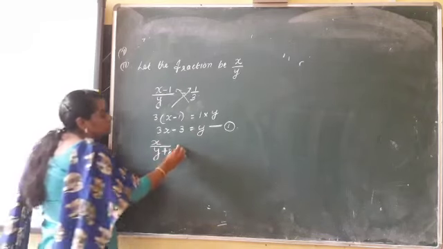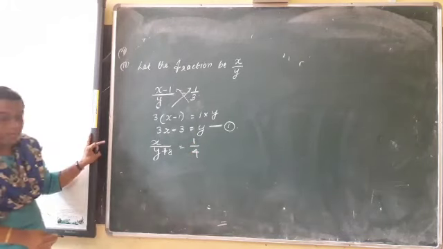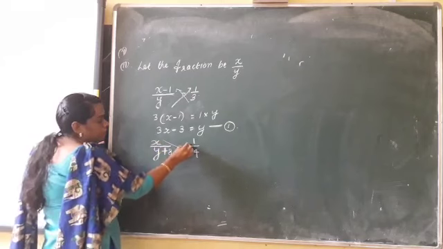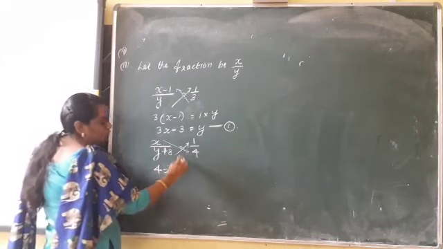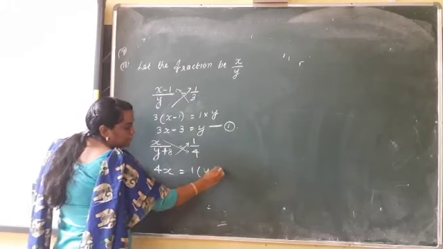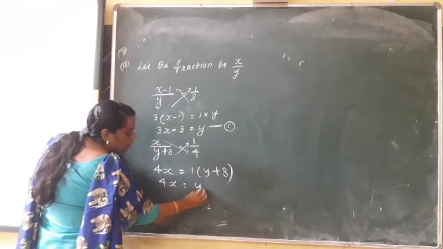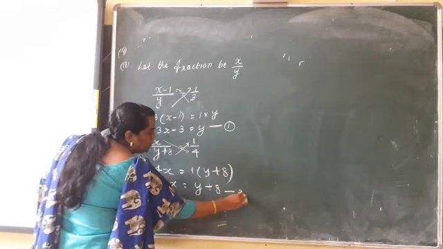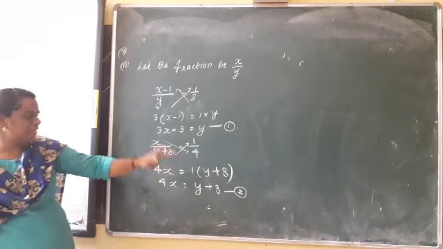The fraction becomes 1 by 4. Okay, let's cross multiply: 4 into x, 4x is equal to 1 into y plus 8. That is 4x is equal to y plus 8. Equation number 2.